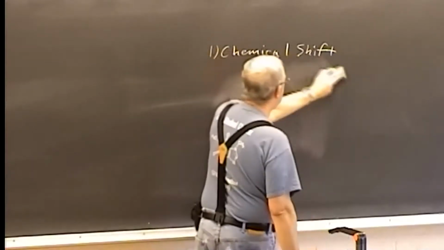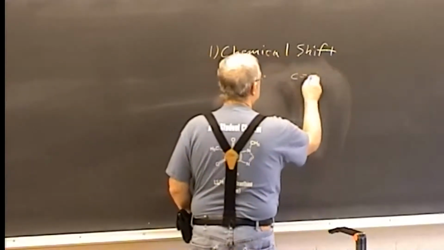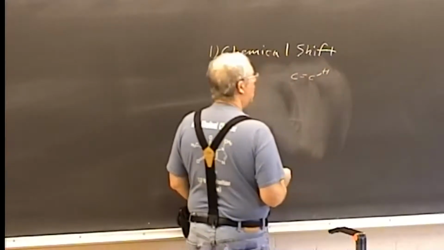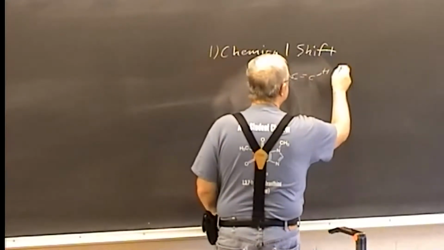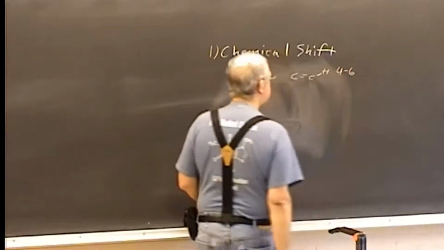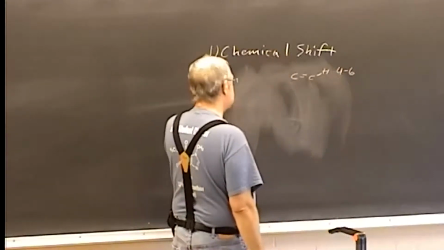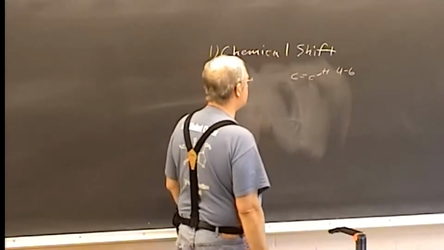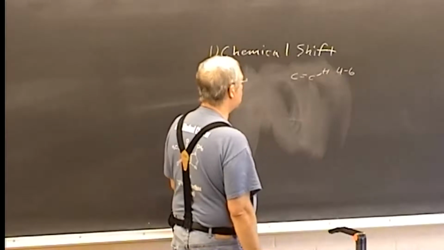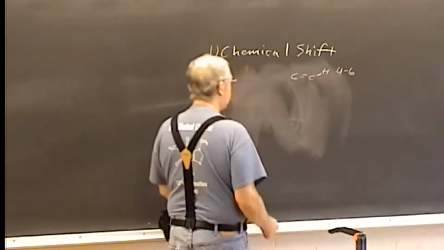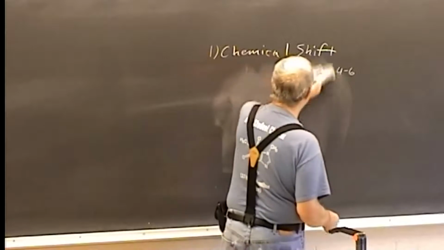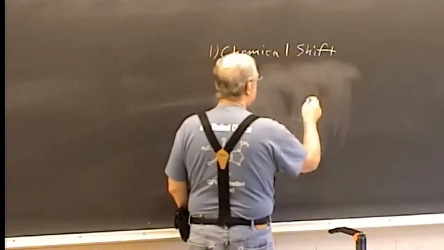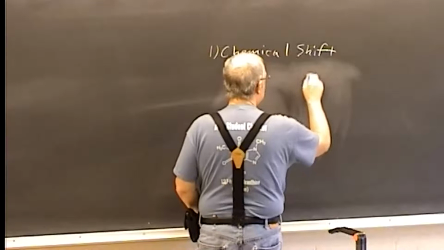And then vinyl hydrogens, generally about 4 to 6. Sometimes you'll see chemical shifts up to 7 or higher. And then here's a very common one.